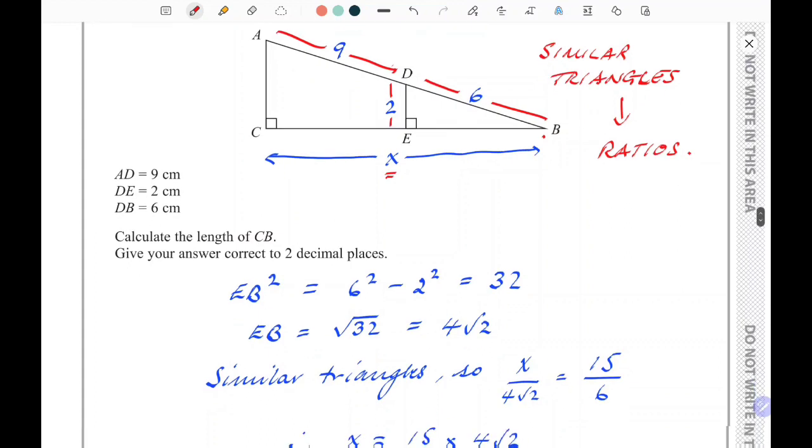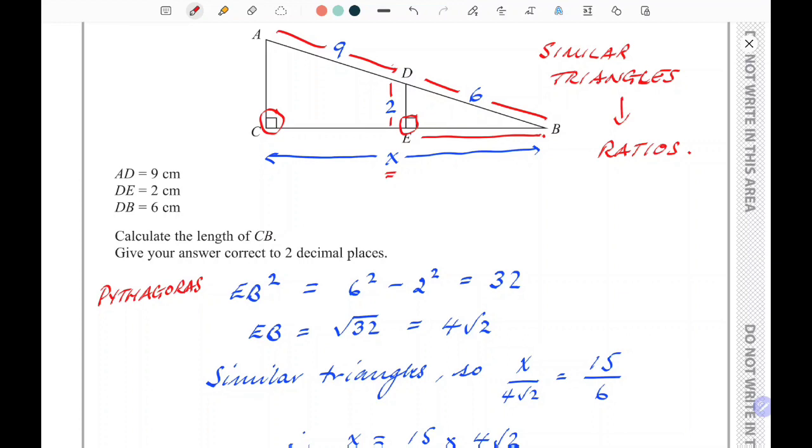Let's start off with some basic Pythagoras, because remember we have right angle triangles here. Both the big triangle and the small triangle are right angled, so Pythagoras is valid. So we're using it to find EB first, that one there.